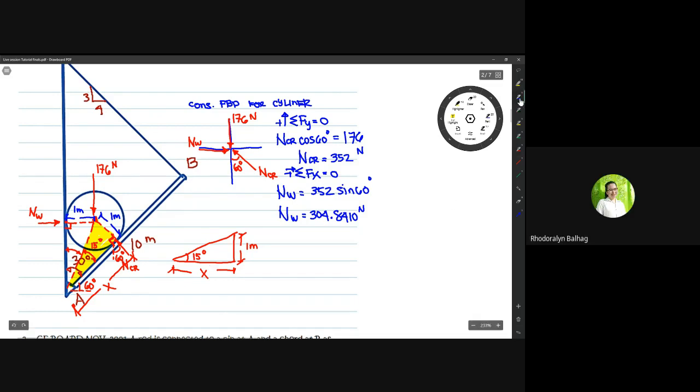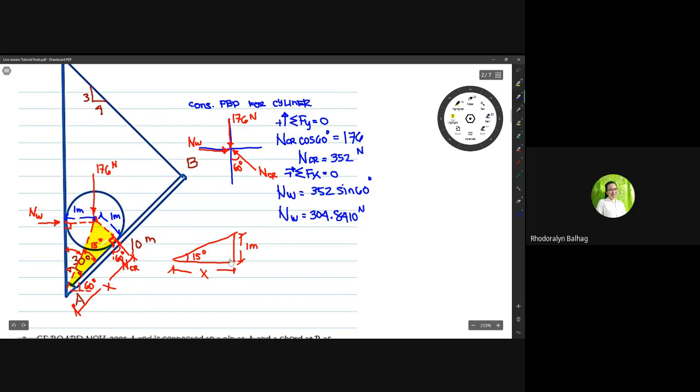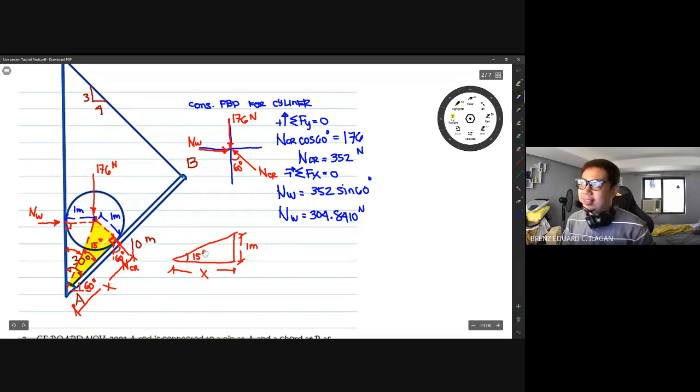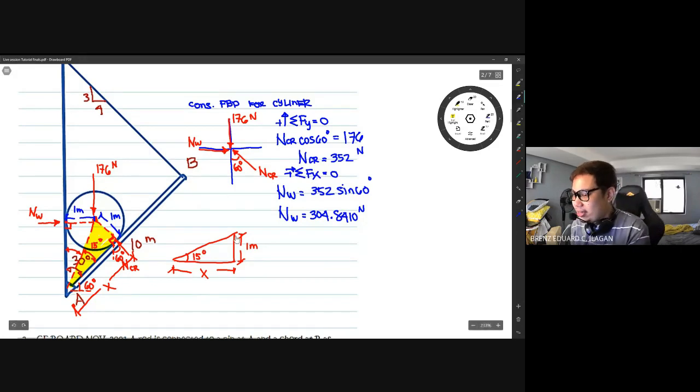Sine. Ulit. Paano natin makukuha yung value ng x? Sine. Isa pa. Tatlo yan, tatlo. Huwag kayo mag-stick kay sine, cosine at ano. Ano ba yung given na mga ano?